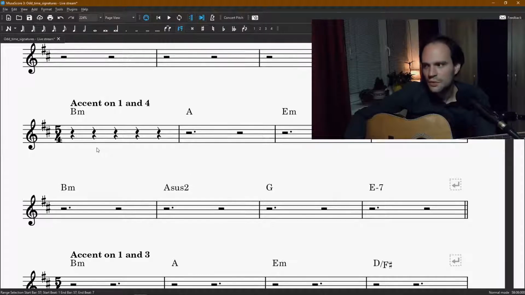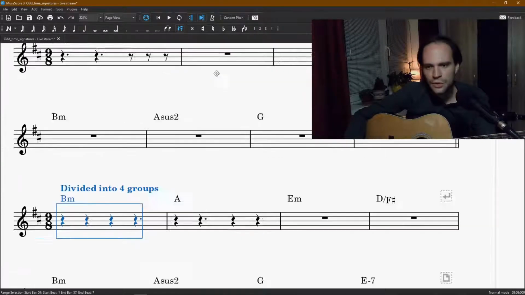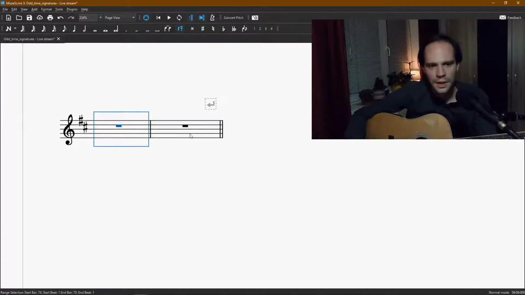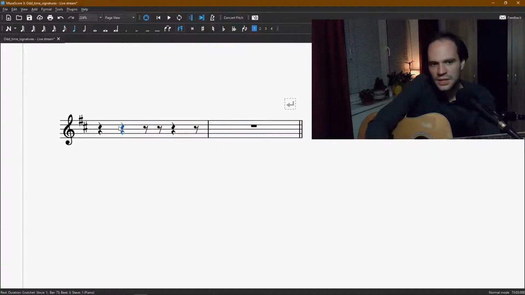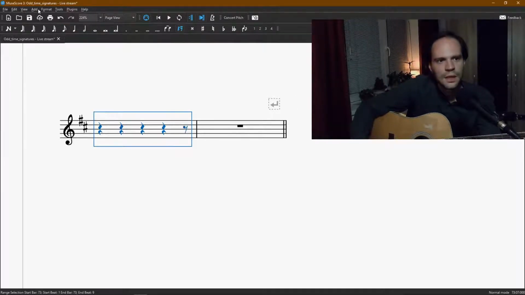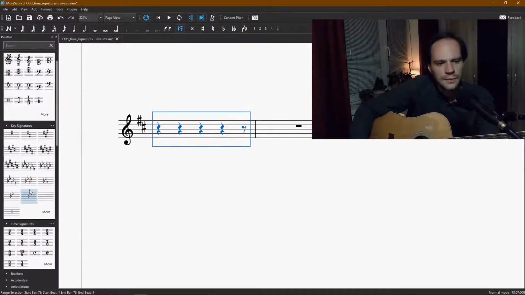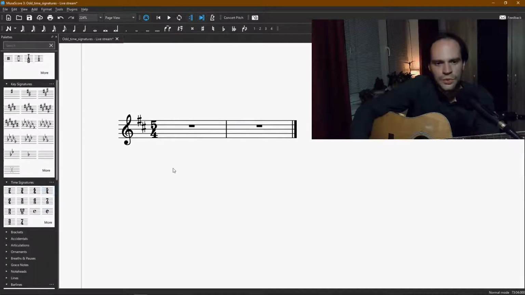The difference between 5/4 and 5/8 is that, let me go back here because I want to make some new bars. In 5/4, mainly the difference is the tempo. So first I need to change it into 5/4. And for anybody who wants to know what software this is, it's MuseScore.